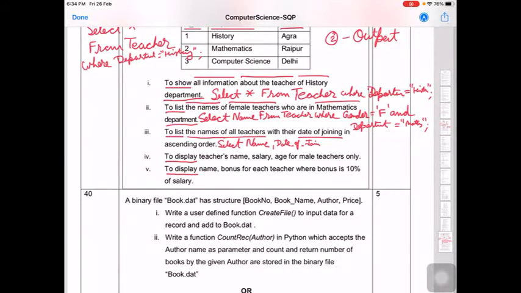Here also the table name is teacher, so you must write from teacher. Now the remaining part is the ascending order. Whenever you find the word order, that means you are using order by. Here you do not have any where clause, you just have an order by clause. So order by, and you can write it in capitals also, order by date of joining.